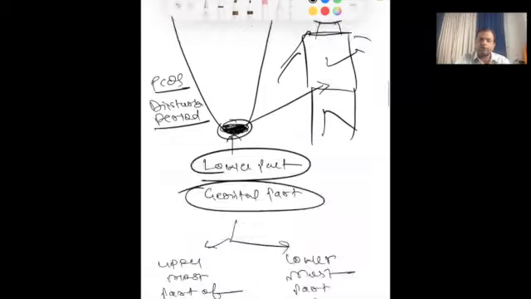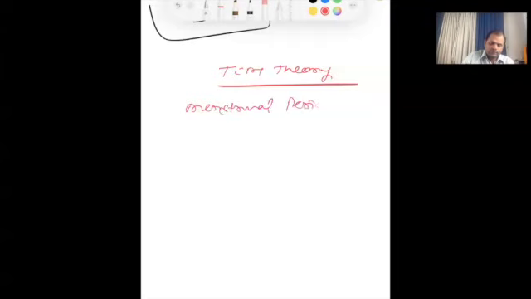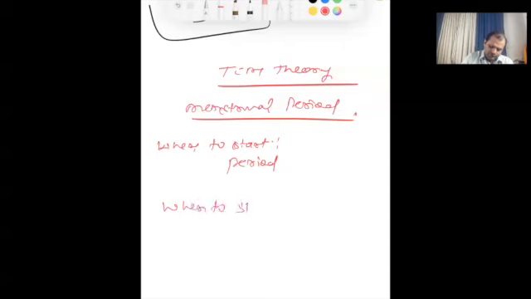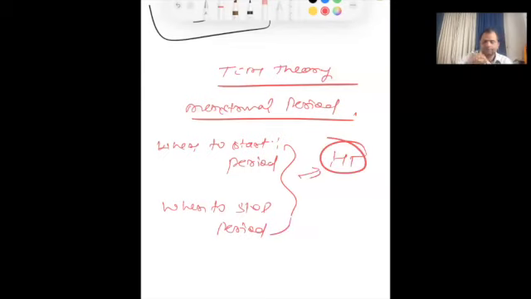Now, if you go to the theory of TCM, what does the theory of TCM tell? The TCM theory tells about the menstrual period. When to start the period, and when to stop the period, this is decided by the heart.